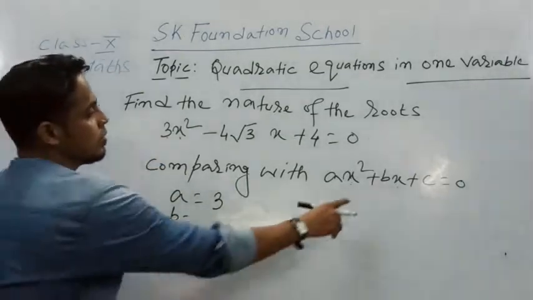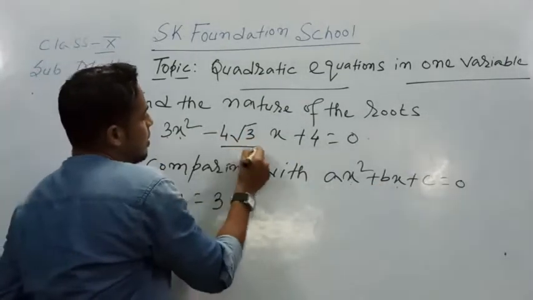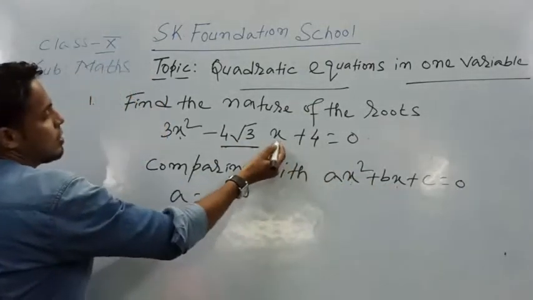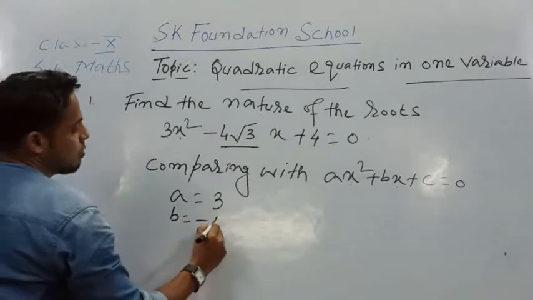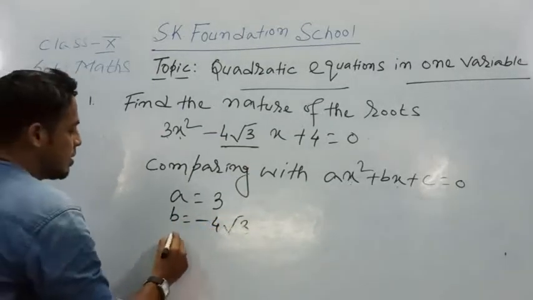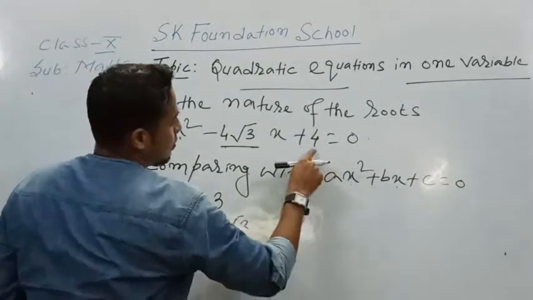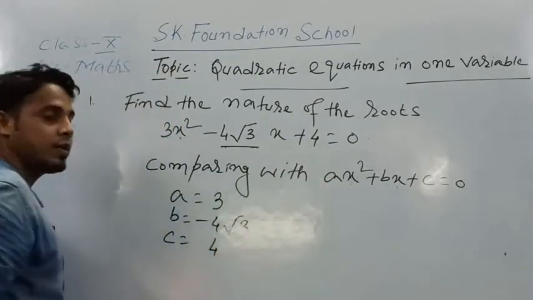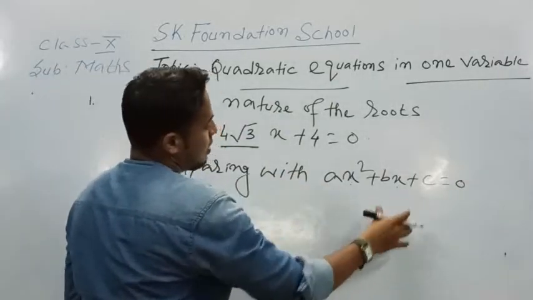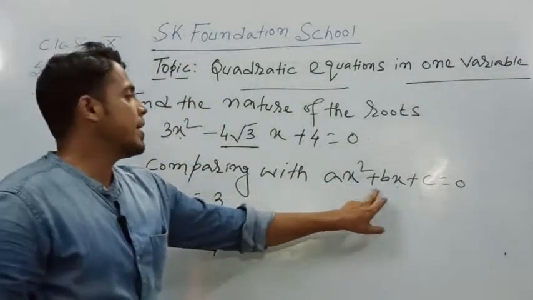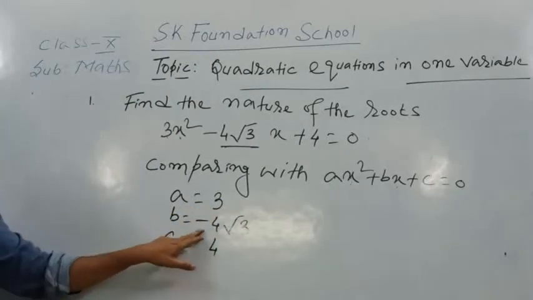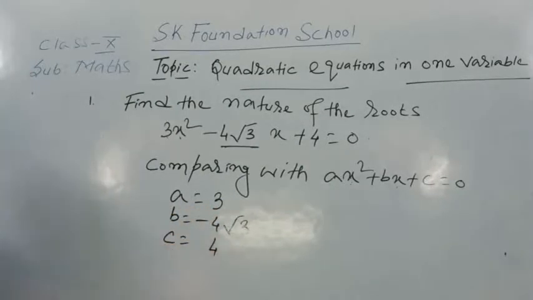B is the coefficient of x, here the coefficient of x is minus 4 root 3. Right? And c equals to 4. When we compare, we get the values of a, b and c: a equals to 3, b equals to minus 4 root 3, c equals to 4. Clear?